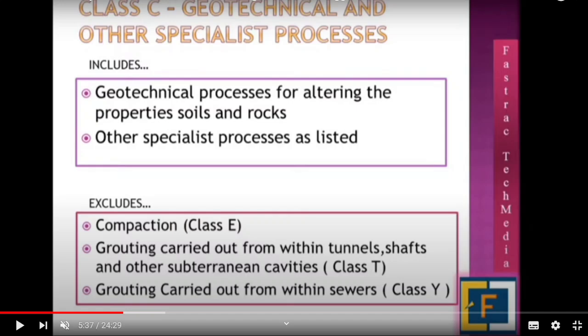That is not in the contract, so that is not in our scope. This is the thing we have to identify. Suppose you are an engineer for a contractor and the contract is not telling that class C is included, then you are not supposed to do class C works.